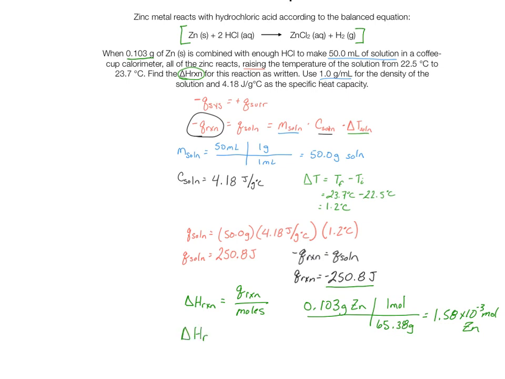And so the delta H of the reaction is going to be equal to negative 250.8 joules divided by 1.58 times 10 to the minus 3 moles, which is equal to negative 1.59 times 10 to the 5th joules per mole.